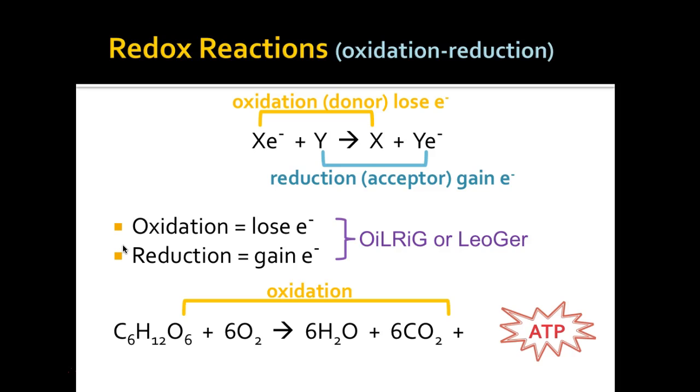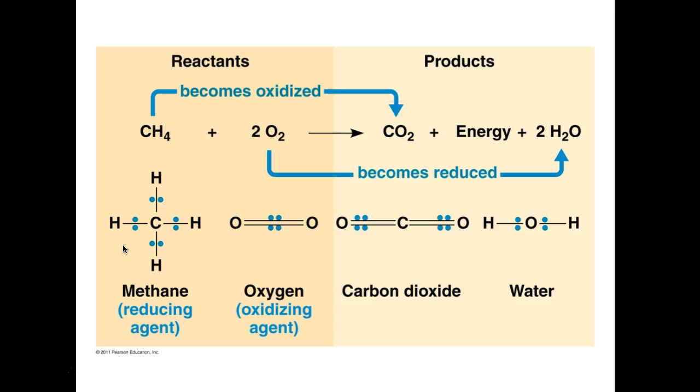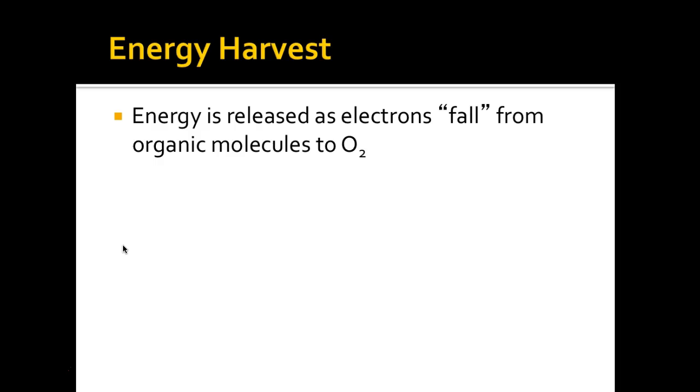So what happens is we see those molecules being oxidized and those molecules being reduced. And here's an overall summary of what's going on there. So you can see the electron flow in this particular equation from reactant to product, where you take methane plus oxygen gas and make carbon dioxide, energy, and water.